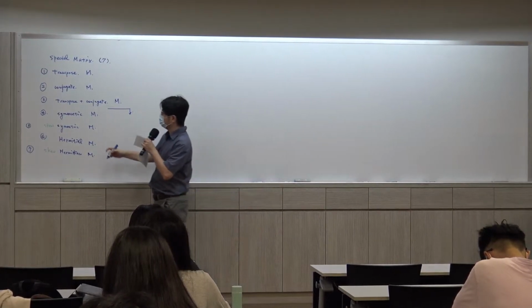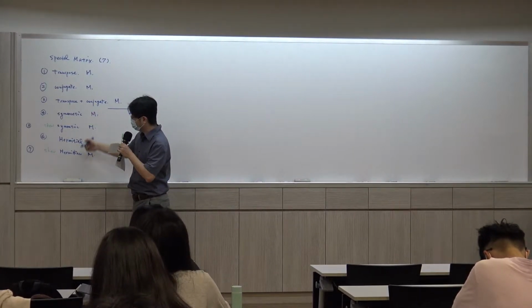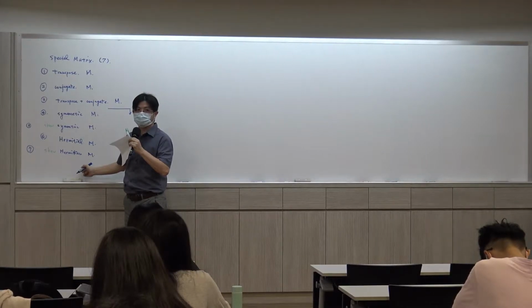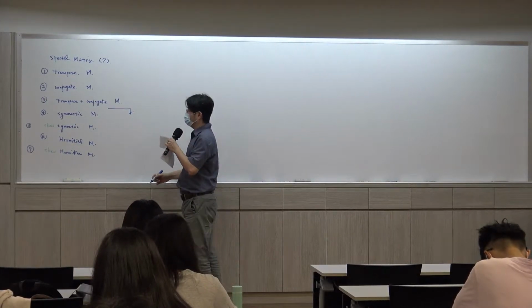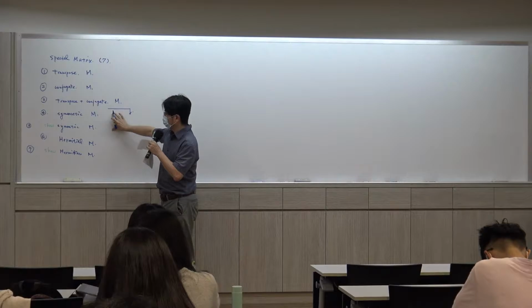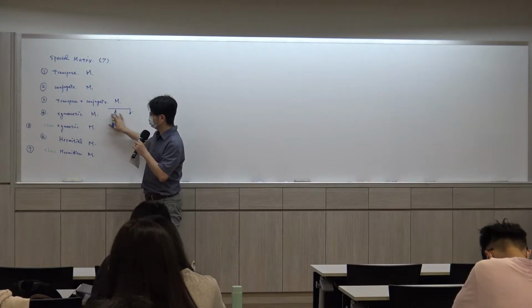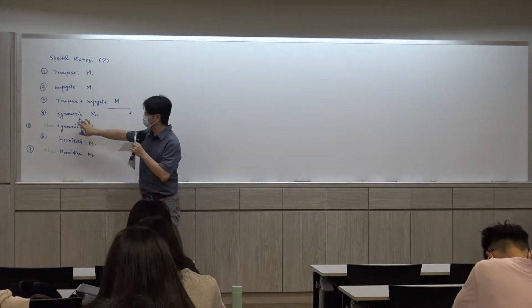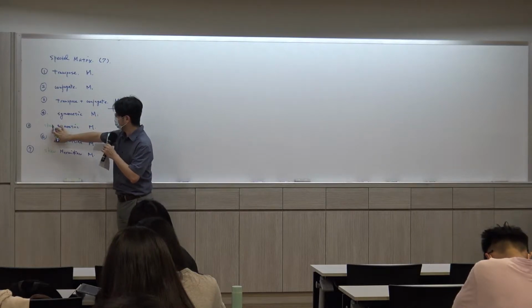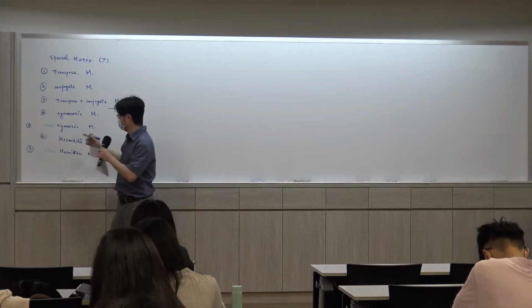Okay, so today I would like to mention the four special matrices. The first two are related to the symmetric matrix. The first one is symmetric, and the second one is skew symmetric.